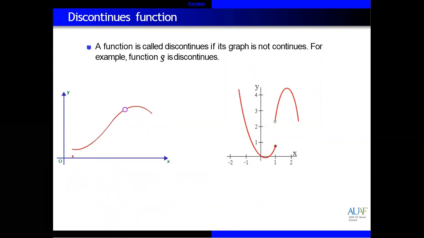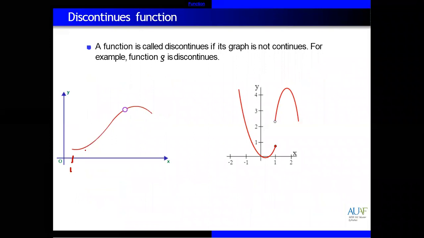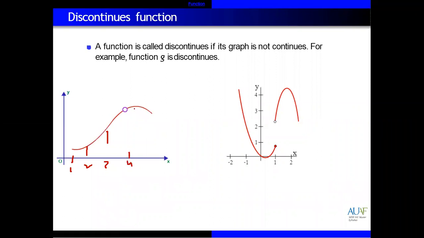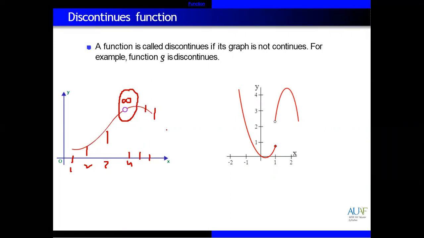At 1 we have a value, at 2 and 3 we have values, but when x is equal to 4, we receive infinity. This point will remain a gap because we don't know the value. Same for 5 and 6, where we have values, so the graph will have a gap between them.